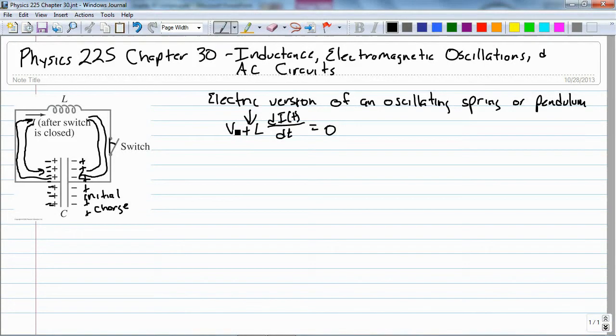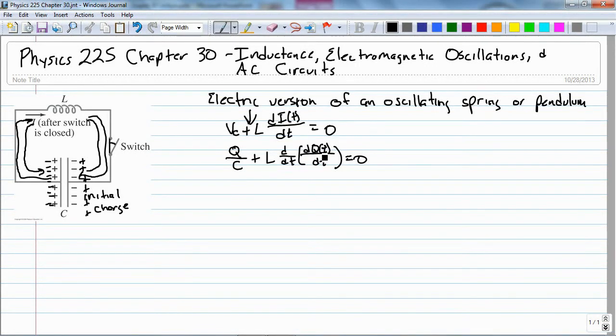And now the voltage of the capacitor is just Q divided by C, and the current is the derivative of the charge. So I'm going to have d/dt of dq(t)/dt. And I'm going to divide through by L and rearrange my terms here.